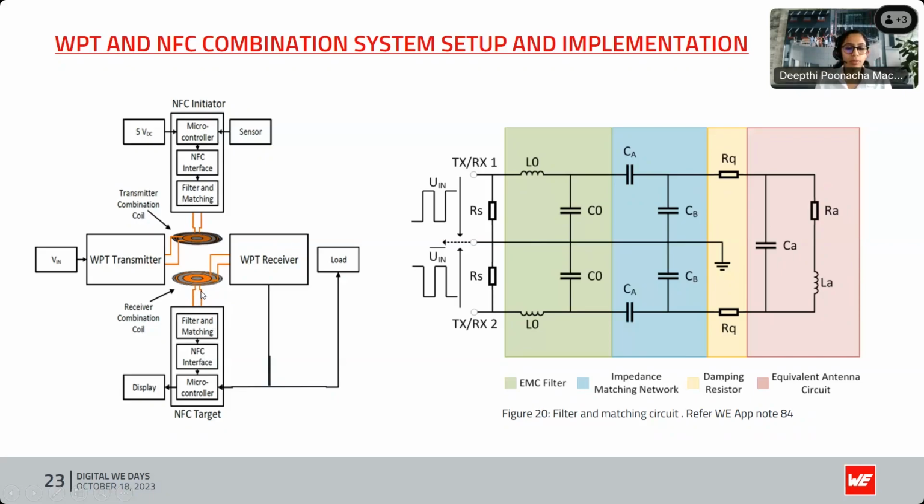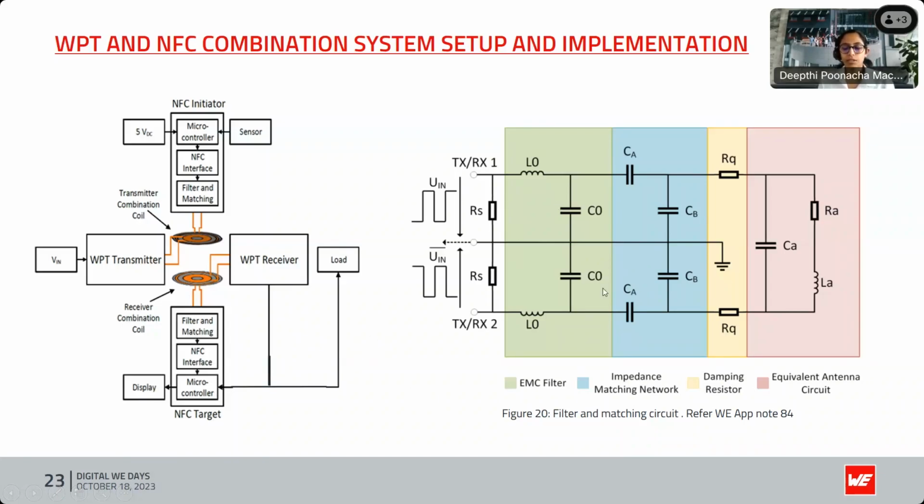To match these two impedances, we have developed our own differential filter matching network. It is differential because the output of the NFC interface chip is also differential, and this is very commonly used to reduce noise in circuits.